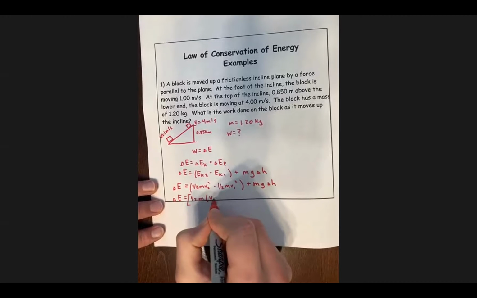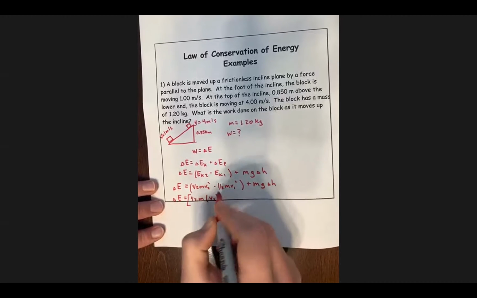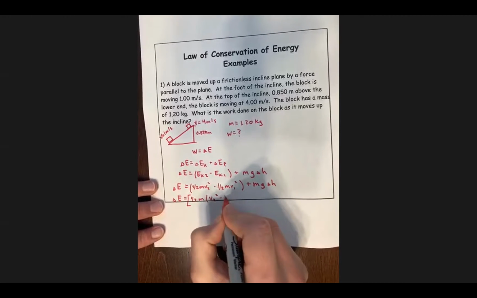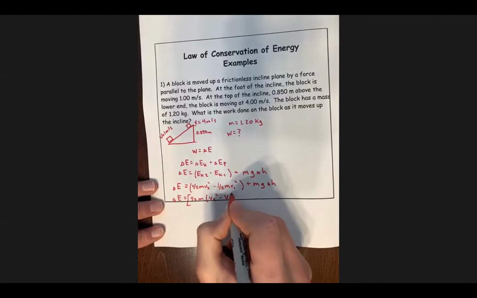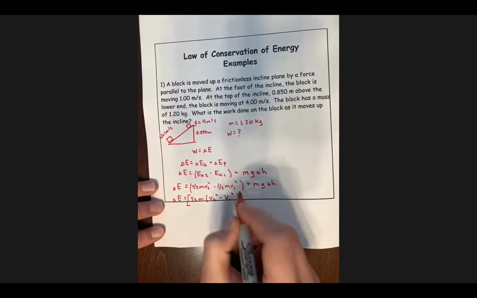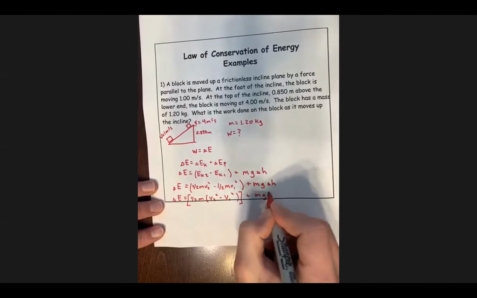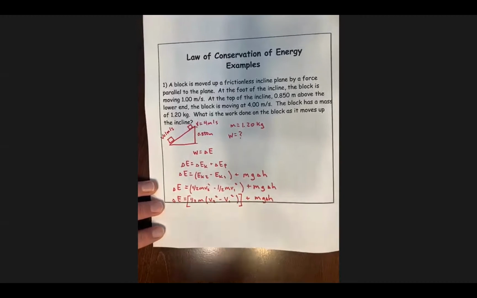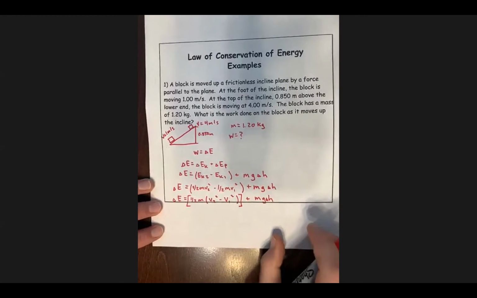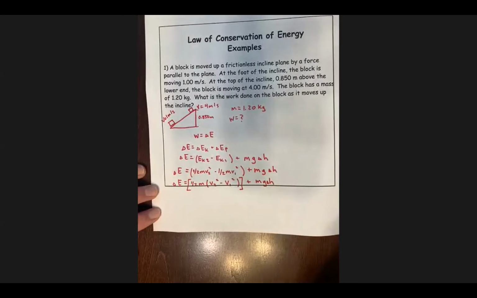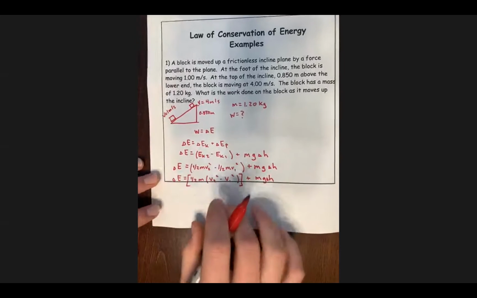Now we will get v2 squared, our final velocity squared, minus our initial velocity squared. And then we're still going to add mg change in height there. Now that we're at this point, we can just substitute in our values.